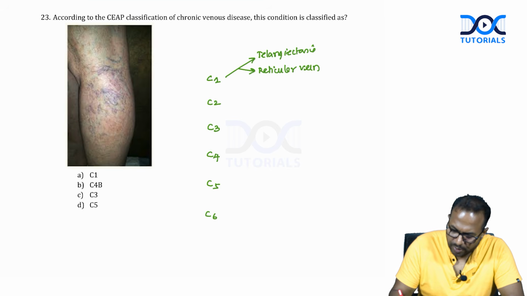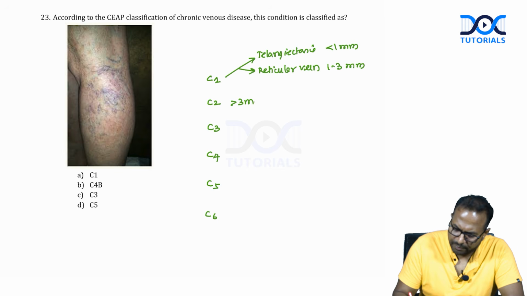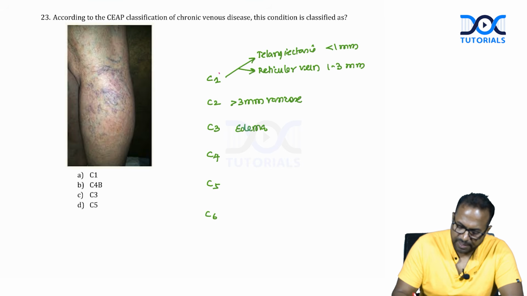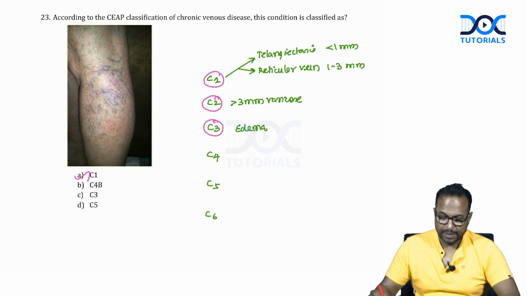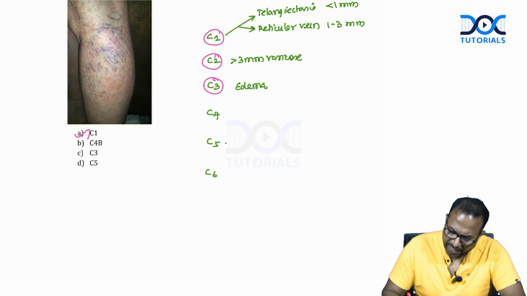Less than 1 mm is telangiectasia, 1 to 3 mm is reticular veins, more than 3 mm varicose vein is C2. C3 is edema. So, these are straightforward simple 3 points, C1, C2, C3. This patient is having telangiectasia and reticular veins, so I will go for C1. C4 is further divided into many, I will tell you.